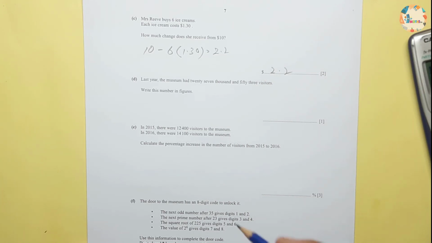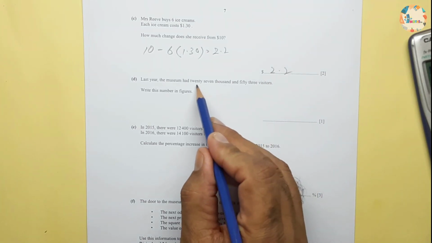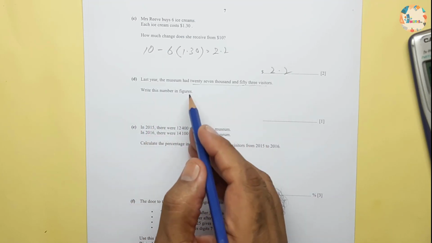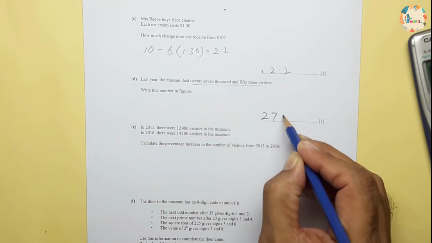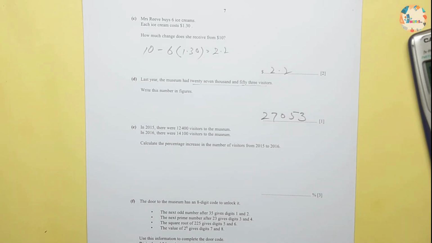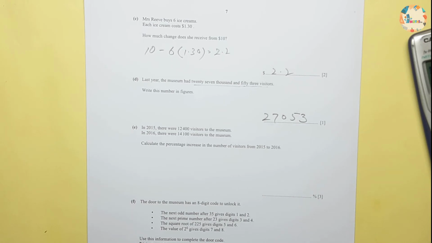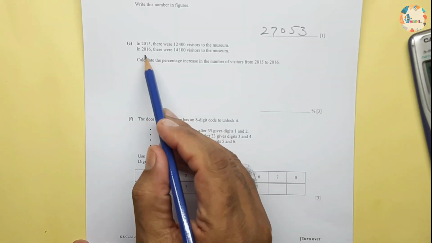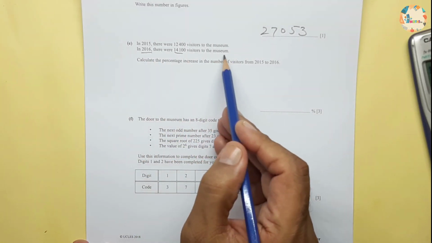Last year the museum had 27,053 visitors. Write this number in figures. So 27,053, this will be the figure. In E part, in 2015 there were 12,400 visitors to the museum, and in 2016 this many visitors in the museum.